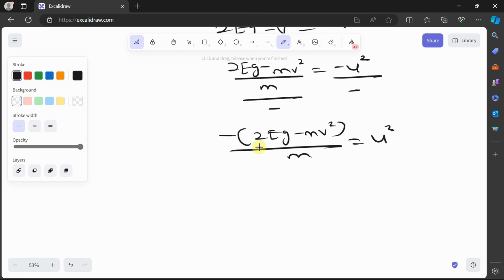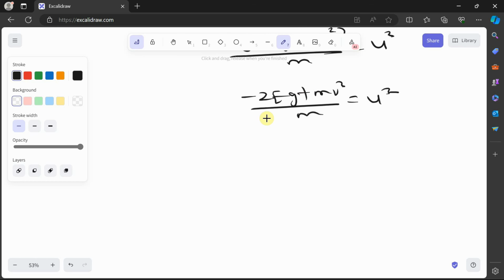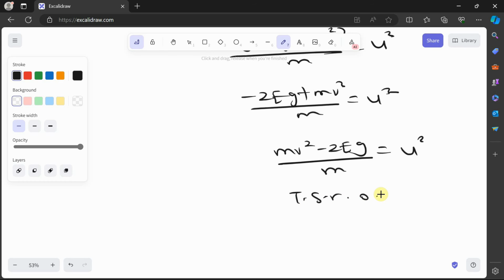If I open up this minus bracket, that will give me minus 2EG plus MV squared all over M is equal to U squared. And I can rewrite it and say, let the plus come first. That will be MV squared minus 2EG all over M is equal to U squared. And to make U stand alone, I'll just take square roots of both sides.